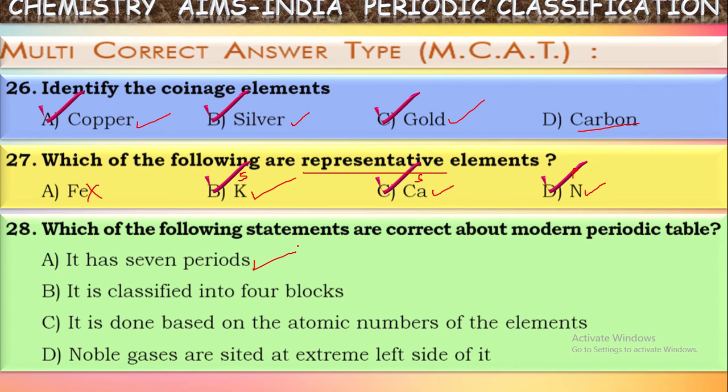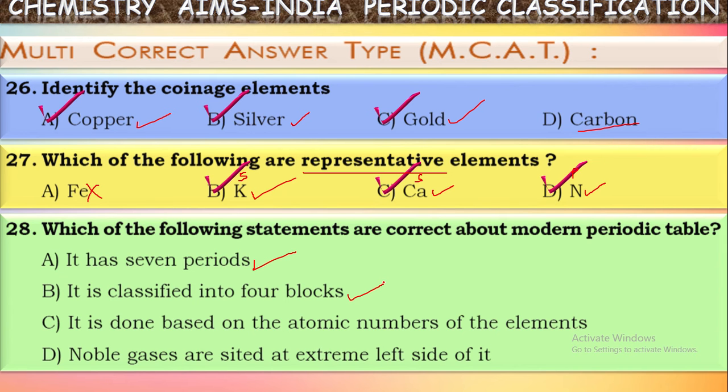And next, it is classified into 4 blocks. Yes, of course. The modern periodic table is classified into 4 blocks, namely S, P, D and F blocks. So this is also a correct statement. What about the third one? It is done based on the atomic numbers of the elements. Yeah, it is also correct.